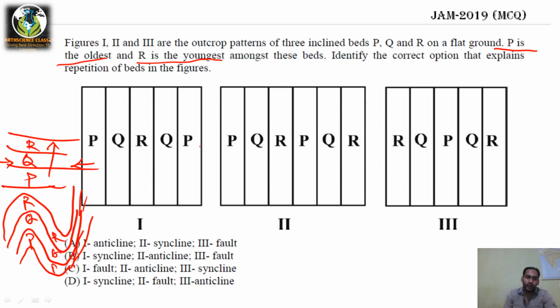Okay, so what is this part? I am plotting it here again. I am just separating these two, right? This is one part and this is one part. So I am separating it here.